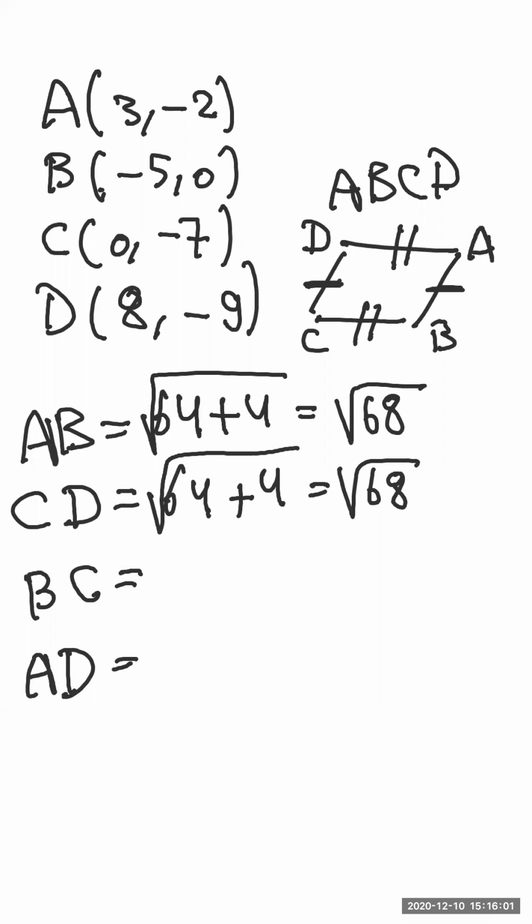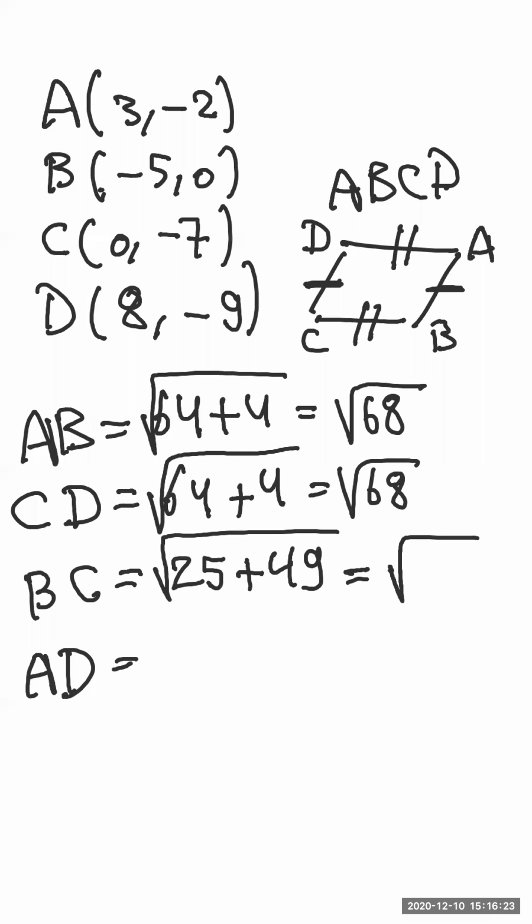Then BC and AD. BC will equal 0 minus -5, which will be 5 squared, 25, plus -7 minus 0, so 7 squared, 49. So it will equal the square root of 74, I guess.